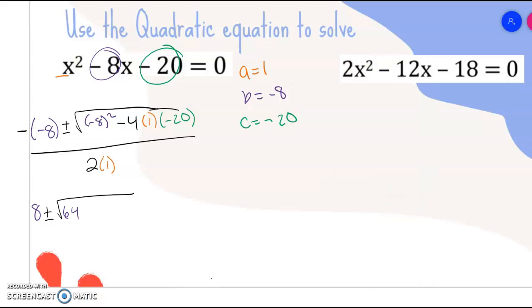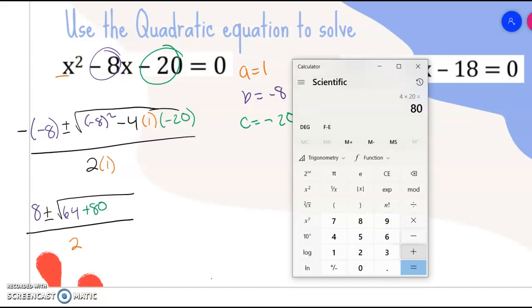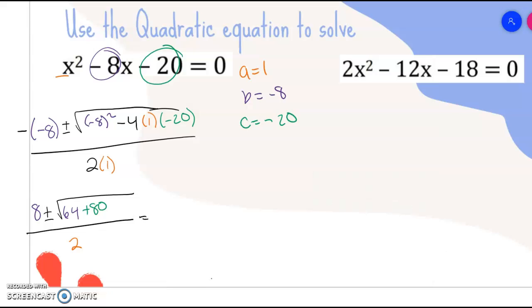So make sure you pay close attention to that sign. And make sure you get the sign right, or everything else will be completely off. Alright, 64 plus 80 is going to give me 144. I do think that's a perfect square. I know my perfect squares pretty well. Well, hopefully you do as well.